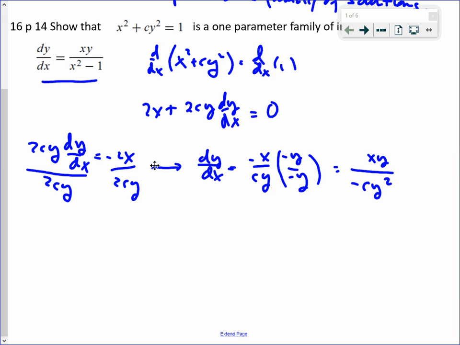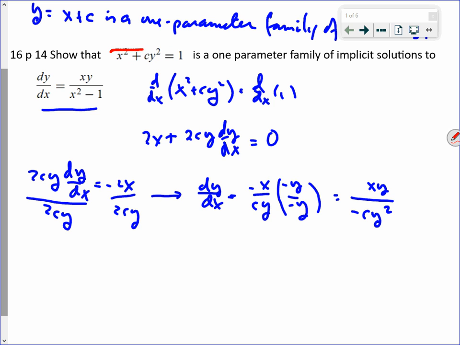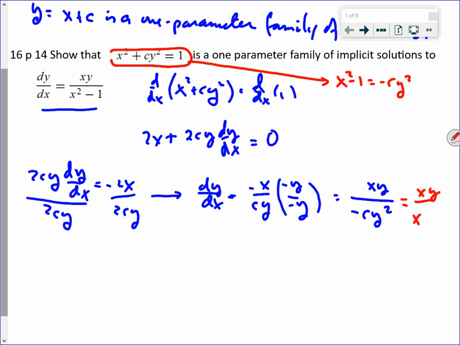Because the solution we're looking at here, if you subtract cy squared and subtract 1, so bring the cy squared over to the right, making that negative, bring the 1 over to the left, you have x squared minus 1 is the same thing as negative cy squared, which is good. That's what we want, xy over x squared minus 1.